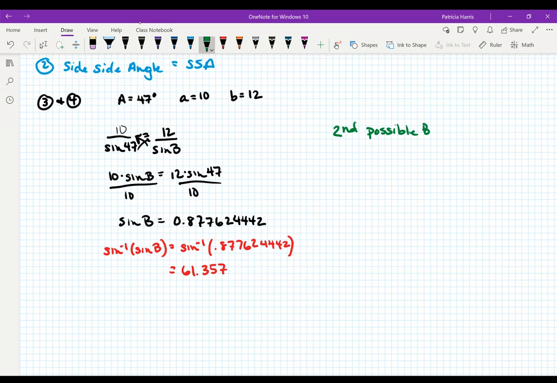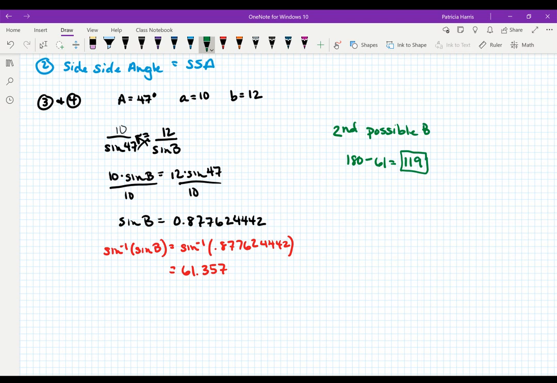okay, interesting property of sine. In the first quadrant, you have equal ratios to the second quadrant. So from 0 to 180 degrees, the sine ratios will repeat and they'll be equal. So to get the second angle, you're going to subtract 61 from 180, and that'll give you 119.